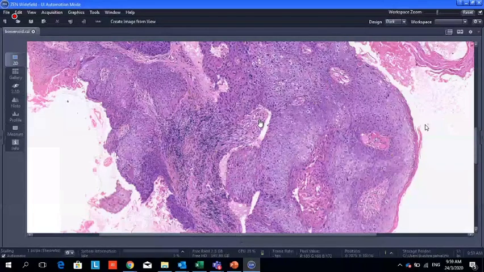Doctor, one more question. There's no assurance to the patient that even if this neoplastic portion is removed, he won't have any further tumors in the future, right? Yeah.